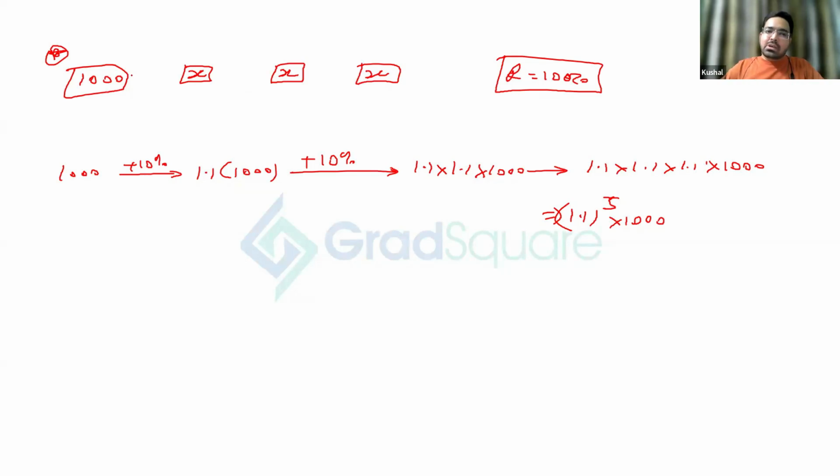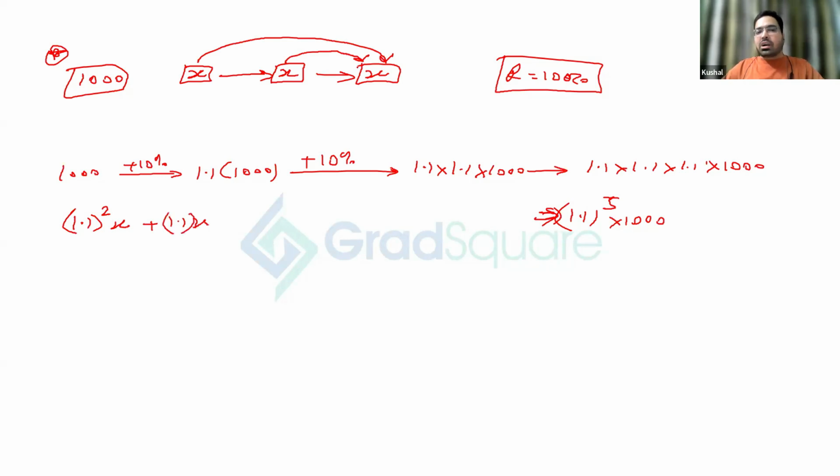Okay. Now, I've taken 1000 at the end of 3 years and it has become this much. Can you tell me this x at the end of the third year will become how much? This x will grow by 10% for 2 years, right? This is 2 time periods, 10% each. So it is going to become 1.1 square into x. What about this x at the end of next year? It is going to become 1.1 times of x. What about this x?